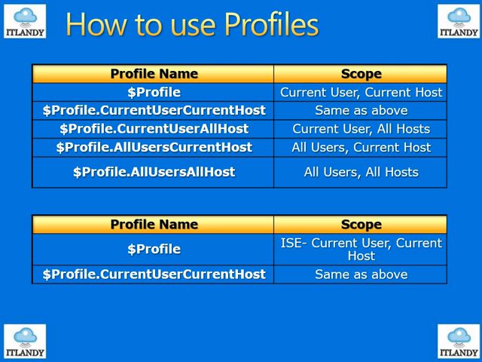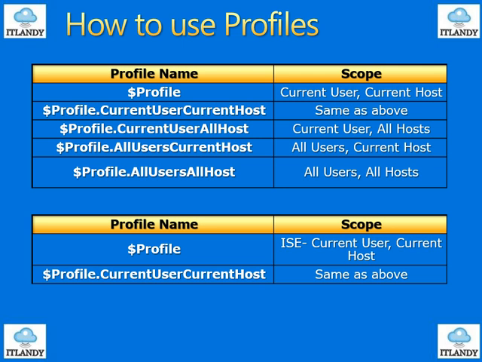Then we moved to the last part, which was how we use the profiles. Then we spoke about the 5 types of profiles: current user current host, current user all hosts, all users current host, all users all hosts, and ISE.